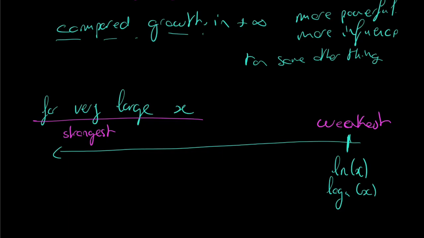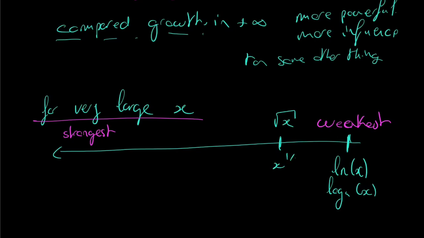Then we will have the polynomials, but first the little polynomials, x to the a power, as long as a is greater than 0, so for instance x to the 1/2, which is the square root of x.